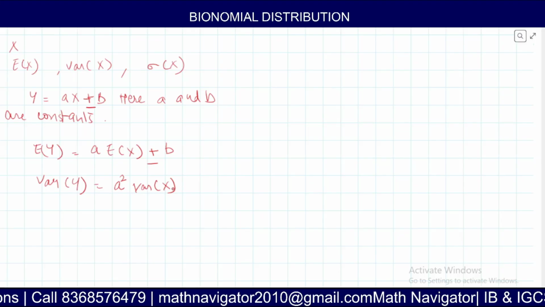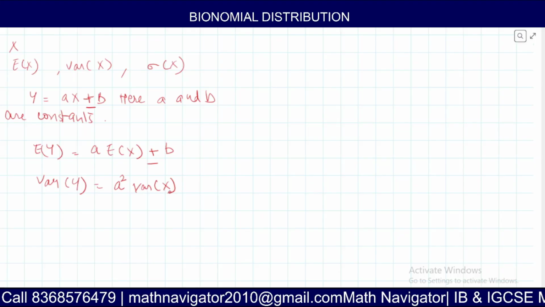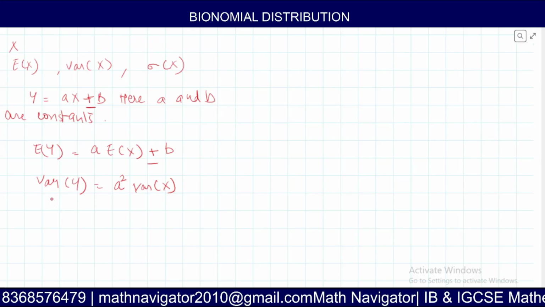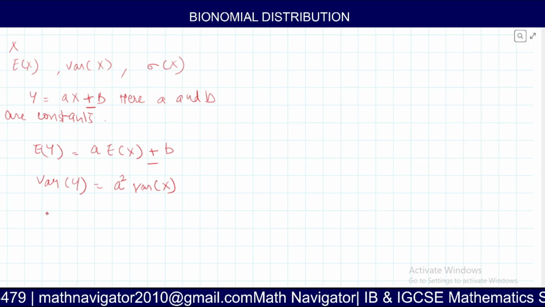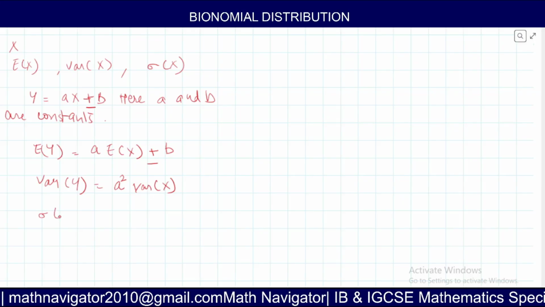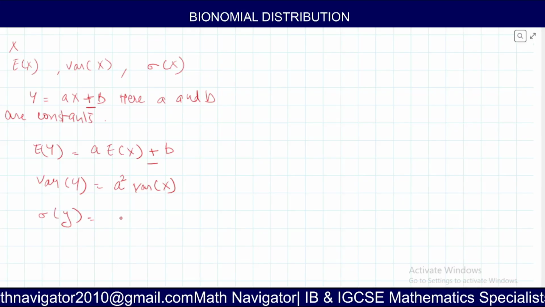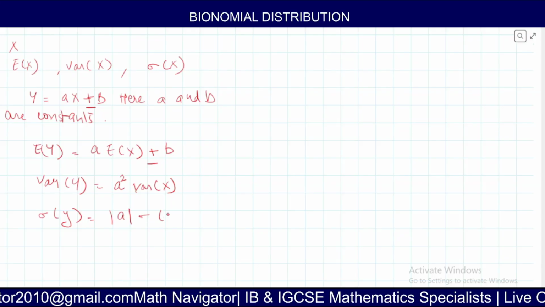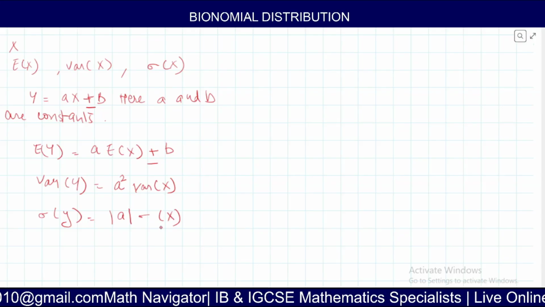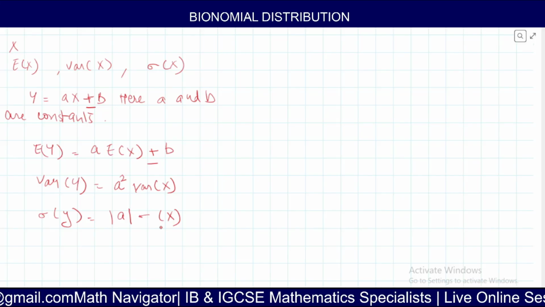Whether it is plus or minus, it doesn't make any difference. It will still stay a squared times variance of x. And if I want to find the standard deviation, then it will be the magnitude of a times sigma x. I hope the formulas are clear. When we do questions on it, you will understand.